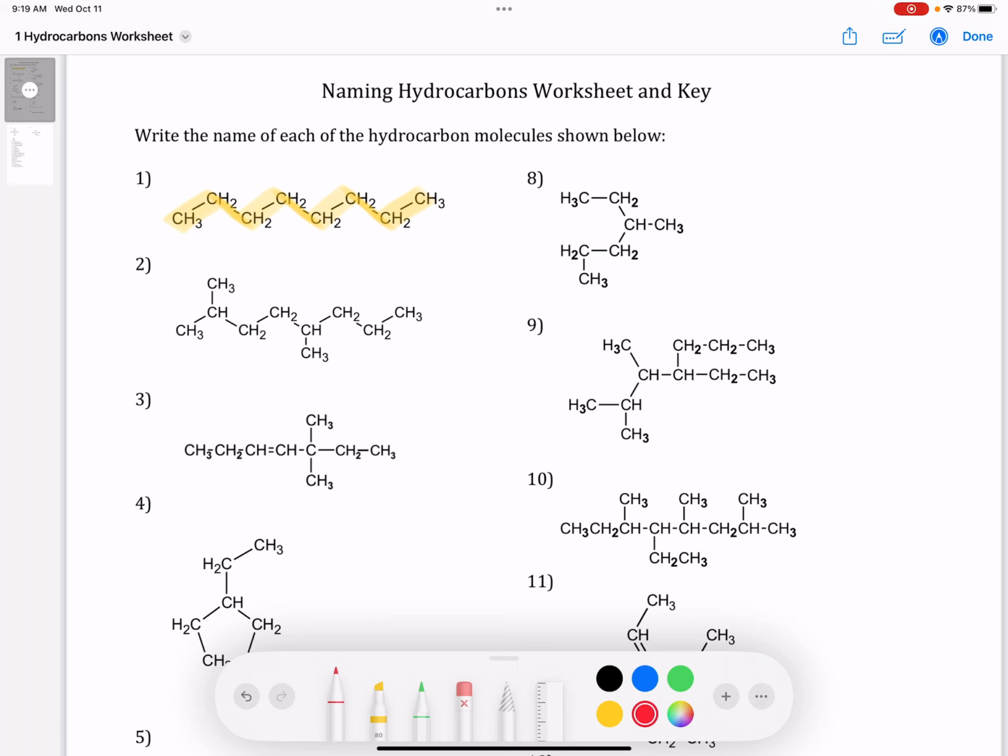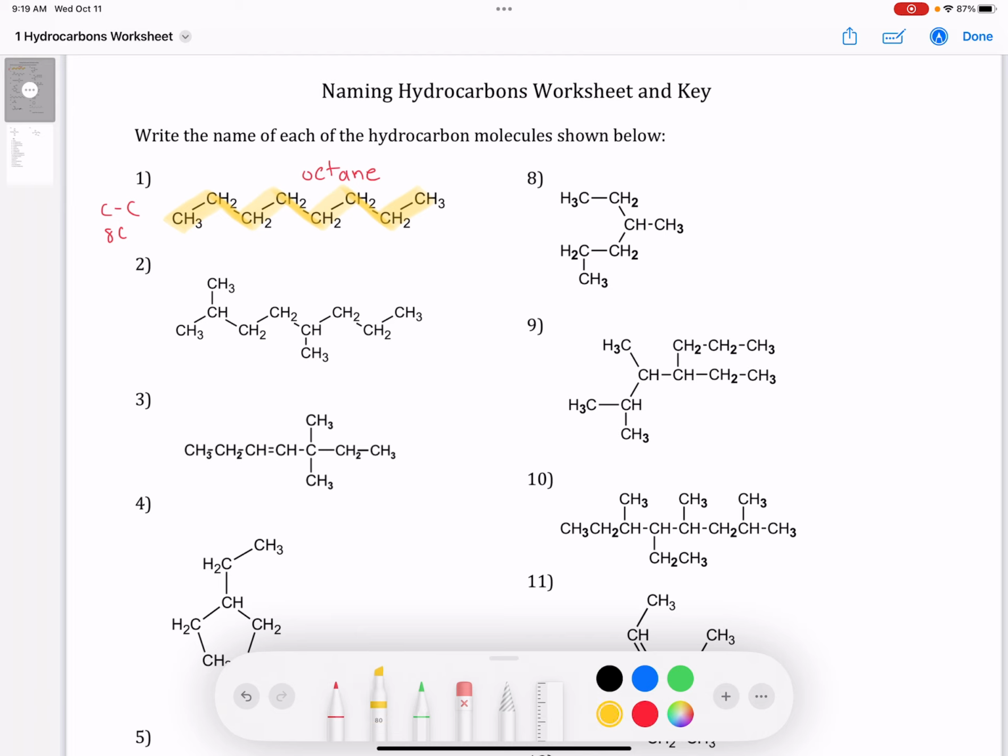I want to look at the type of bonding. So they are all carbon-carbon single bonds. We counted that there are 8 carbons and there's no branching. So I'd use my prefix for 8, which is oct, and the ending for single bonds, which is ane. And this molecule is called octane.